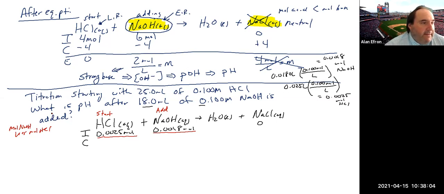So what does that mean? That means that at this point we are before the equivalence point. That is how we can use those numbers to determine that. Remember, if we were at the equivalence point, the moles of both would equal the amount of HCl that we started with. So we have an idea as to where we're at in the titration: before the equivalence point. Because we're before the equivalence point, the moles of sodium hydroxide will be our limiting reagent and the actual change that we should be doing here.